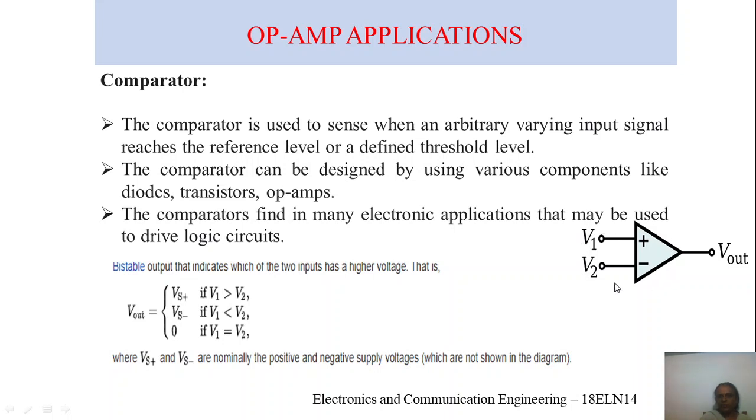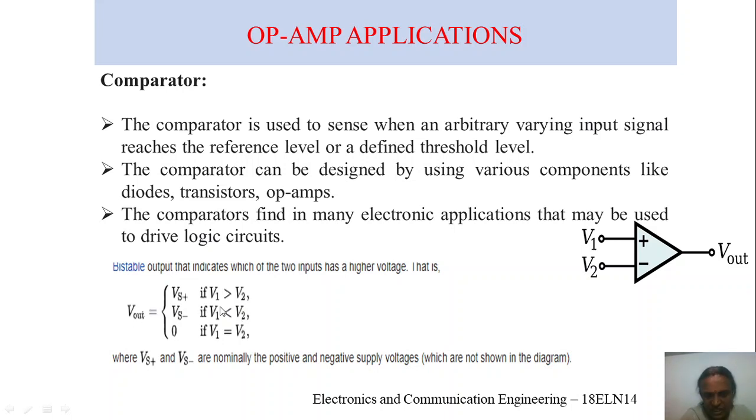Then the comparator can be used to get the required output voltage by comparing the input signals V1 and V2. Comparators find many applications in real-time electronic applications, used to drive a logic circuit. So a bistable output indicates which of the two inputs has a higher voltage, that is V0.